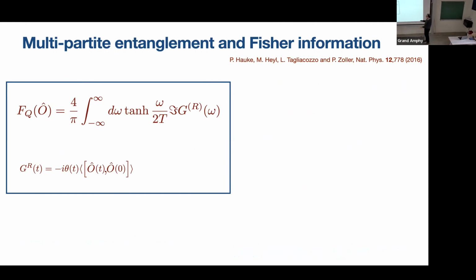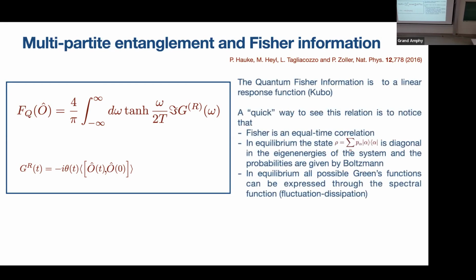They showed that this quantum Fisher information is related to the retarded Green's function associated with the operator O that we are interested in. One of the main points of their work was that this G retarded is just linear response.